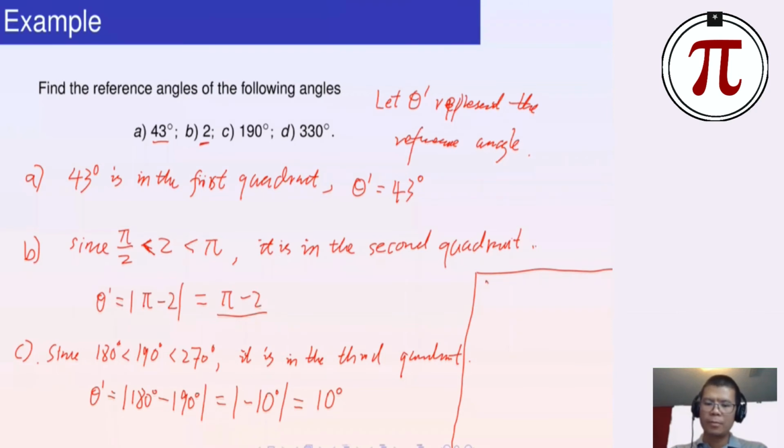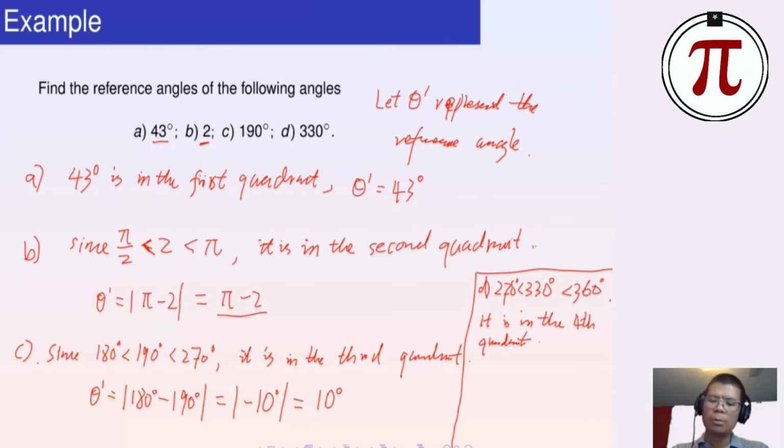In the fourth, because it is greater than 270 and less than 360. So 330 is in the fourth quadrant.